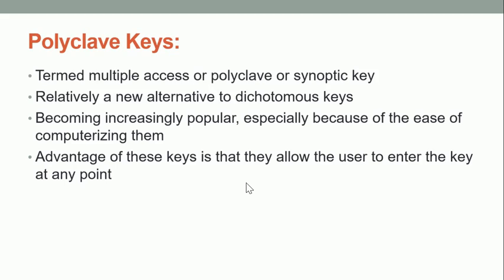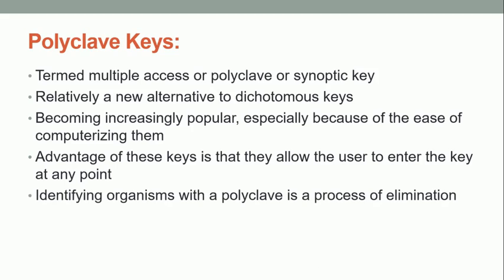In a dichotomous key, we always have a starting point. Here there is no such starting point. Whatever character you come across first, you can start with that character and go on with the identification of the species. So identifying an organism with a polyclave is like a process of elimination. That means looking at which characters are present and which are absent, and eliminating those characters which are absent.